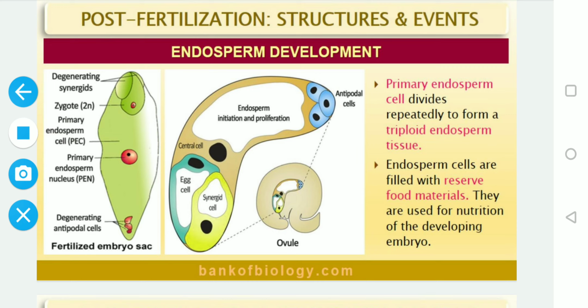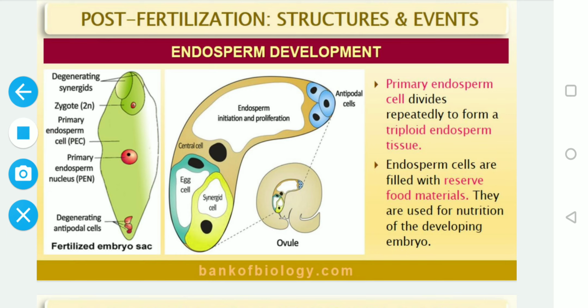Yes, these endosperm cells are filled with food materials. They are used for nourishment, that is nutrition, of the developing embryo. So observe neatly what happens here. First, in the diagram you can identify the degeneration, that means disappearing, of the synergids, and the zygote starts development.